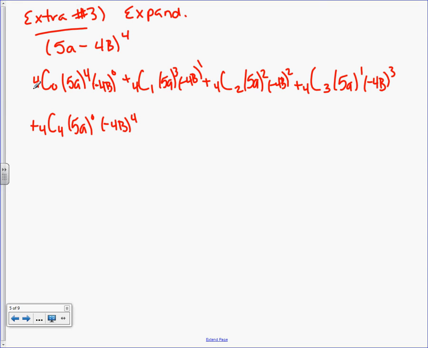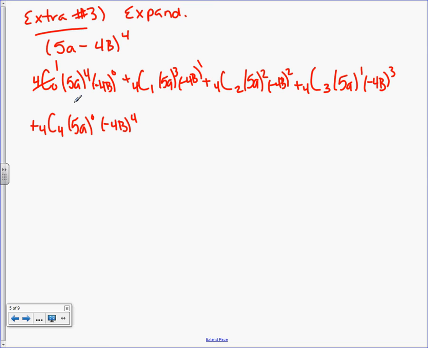If you want to find out what 4C0 is in your calculator, that's fine. If you go back to your properties from the front that I had you write down, what's NC0? 1. Every time. So if you want to memorize that, great. It saves you some time. If not, punch it in your calculator. It doesn't matter. So this is a 1, right? What's 5a to the 4? No, it's not 5a to the 4.